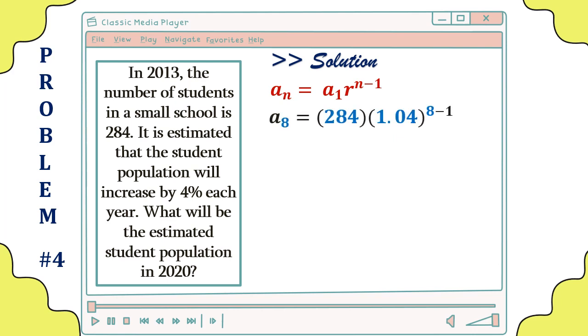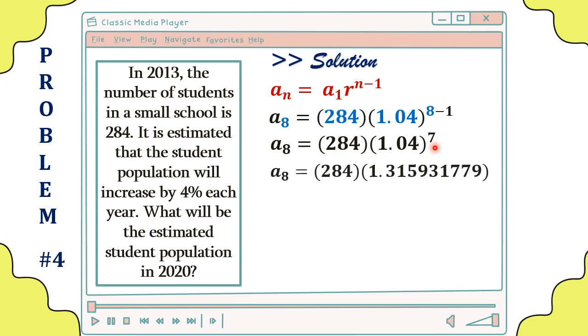And substituting the other necessary data for our a sub 1 and our ratio. Now, let's start with our exponent, 8 minus 1, so it's 7. And what is 1.04 raised to 7? We have here our answer, 1.315931779.